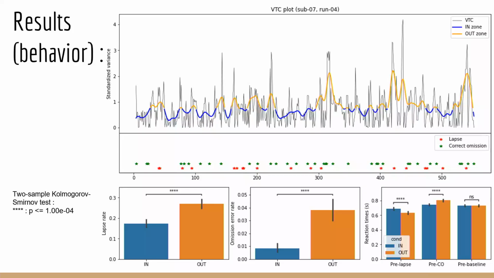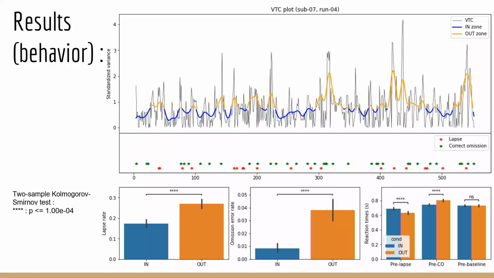So looking at the behavioral data, we can see that indeed the attentional lapse rate is lower during the optimal performance periods compared to the suboptimal performance periods. And the effect is similar for the omission error rate.